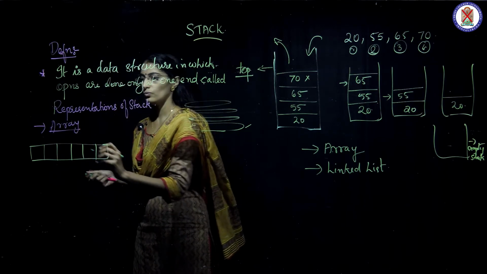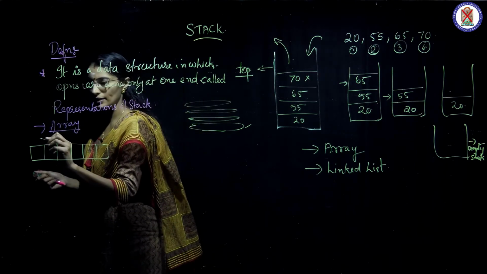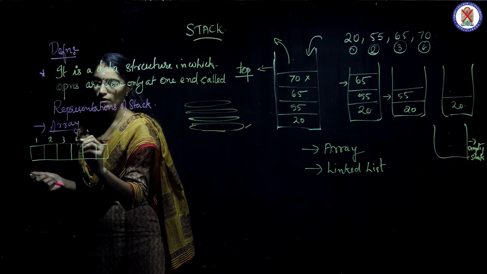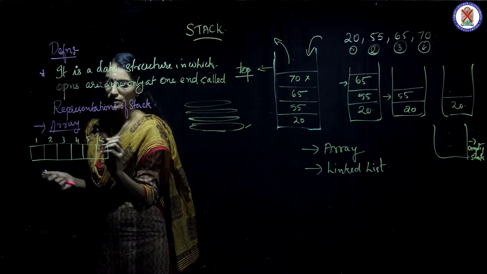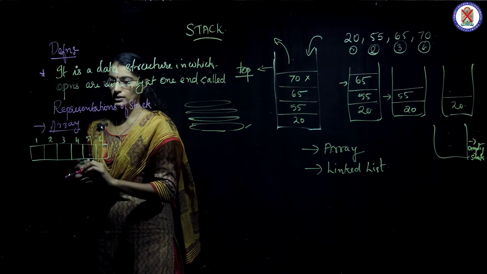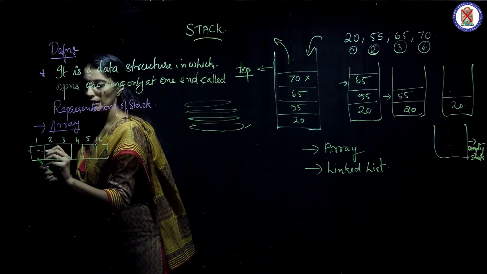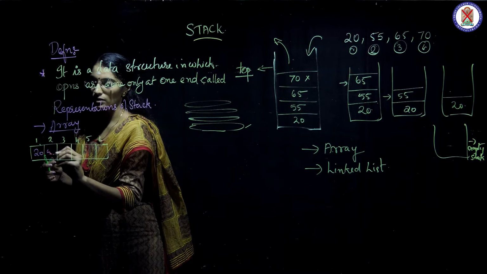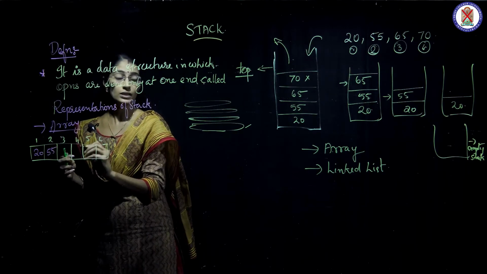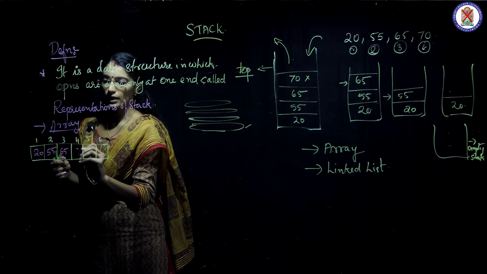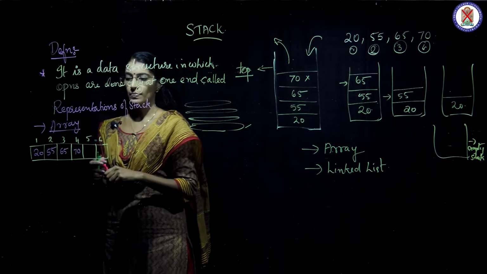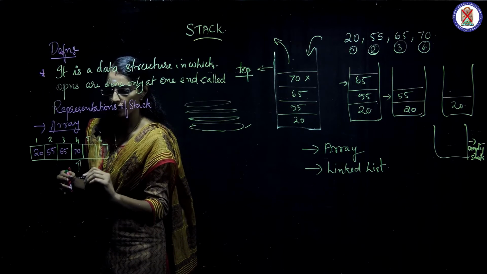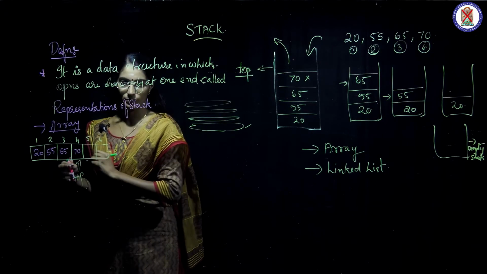In the array we have an index that starts from 1, 2, 3, 4, 5, 6, and now we will insert elements. The first element is 20, the second element is 55, the third is 65, and the last one is 70. So according to stack, this portion is the top.